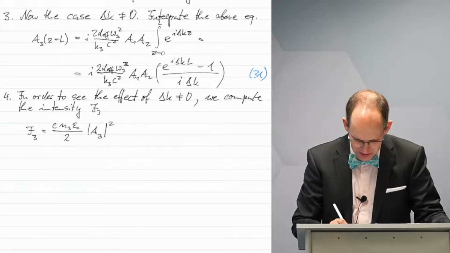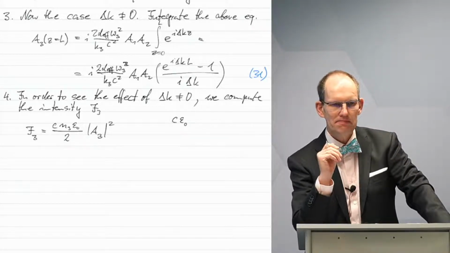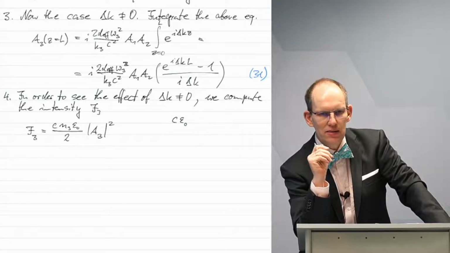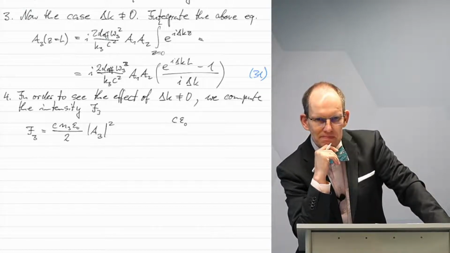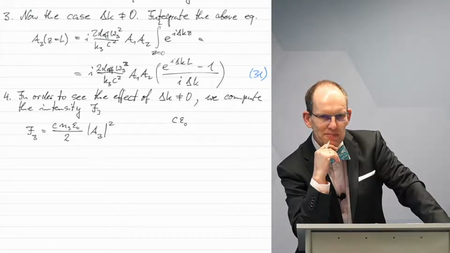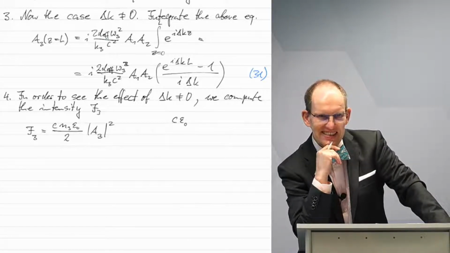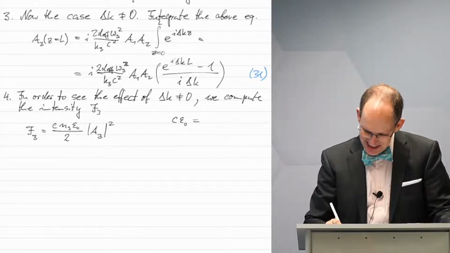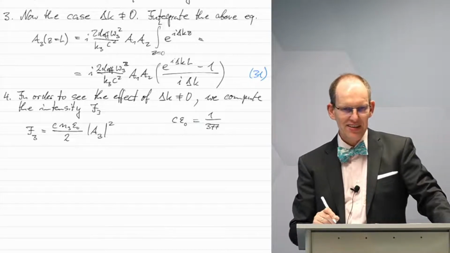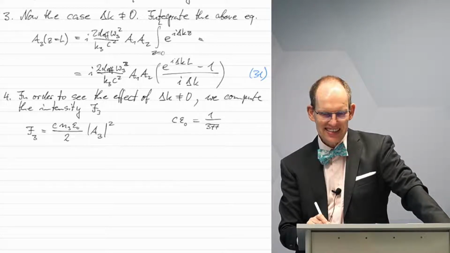Do you know which unit c times epsilon 0 has? What is the unit of c times epsilon 0, and how big is it? This is actually 1 over 377 ohms.